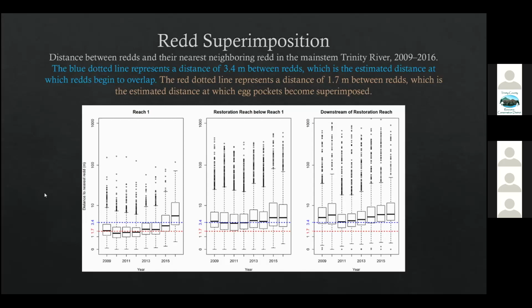And the red dotted line represents a distance of 1.7 meters between reds, which is the estimated distance at which egg pockets become superimposed. And you see in the restoration reach below reach 1 and downstream, there might be superimposition of reds, but the egg pockets are not disturbed. But we do see some degree of egg pocket disturbance in reach 1.